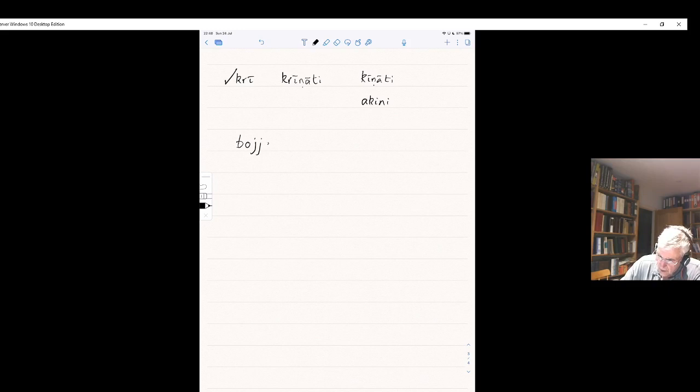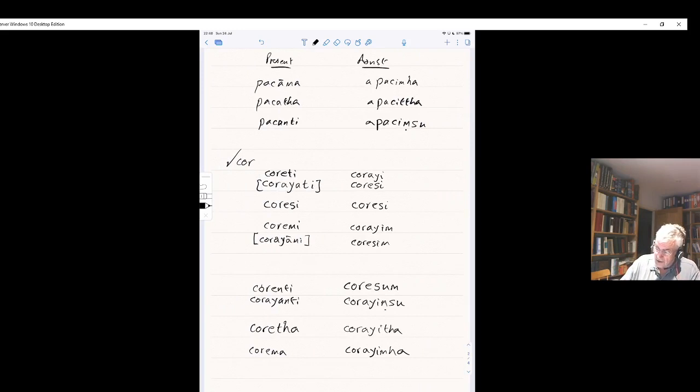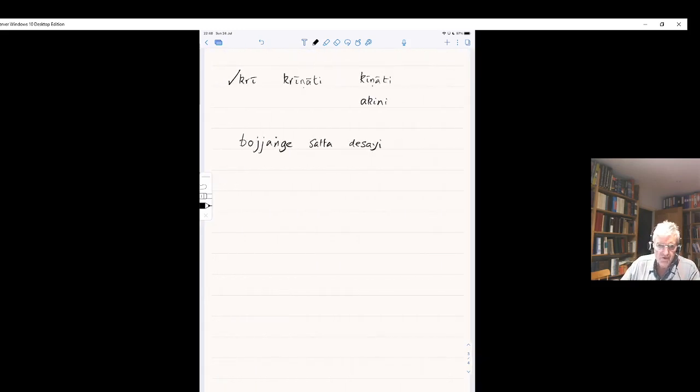So bojjhange, accusative plural, satta, 7, desayi. It could equally have been, this is from the Bojjhanga Paritta, desesi, but both alternative forms are equally valid, and we had it here. So chorayi, choresi, desayi, desesi. From deseti, he points out, or he teaches.